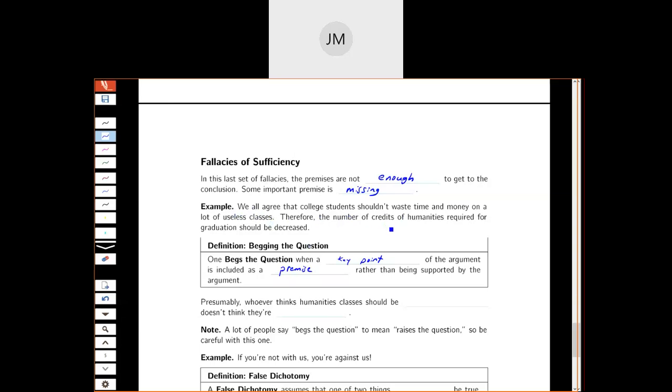If I'm trying to conclude that the number of credits for humanities should be decreased, I've sort of assumed part of that as one of my premises. So what I'm doing is I'm not making a good reason for why I have this conclusion. I'm trying to get you to assume the conclusion along with me. Okay, so probably whoever thinks humanities classes should be required doesn't think they're useless.